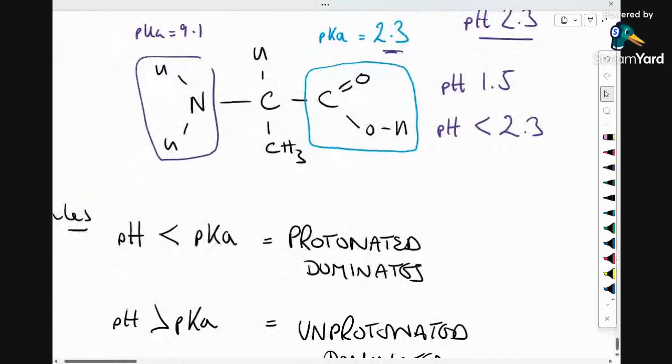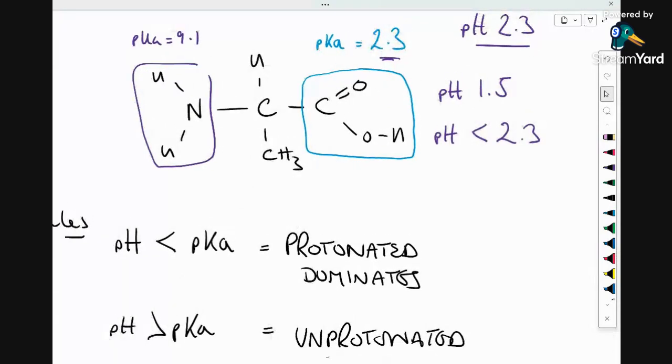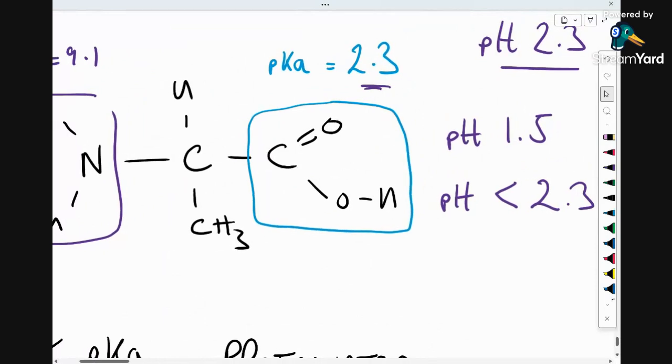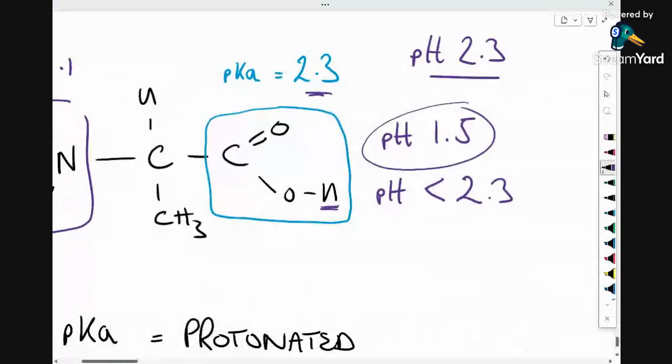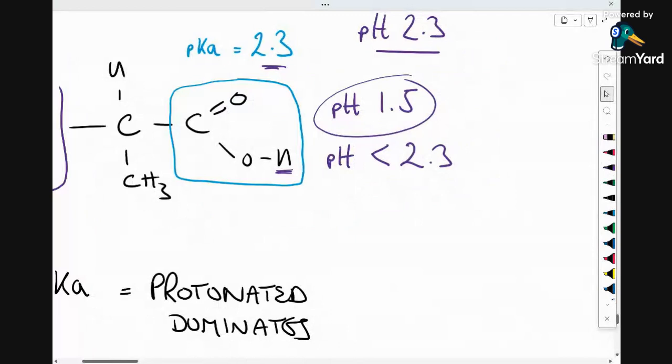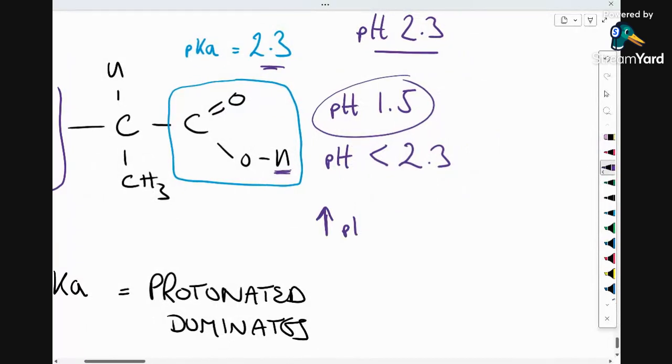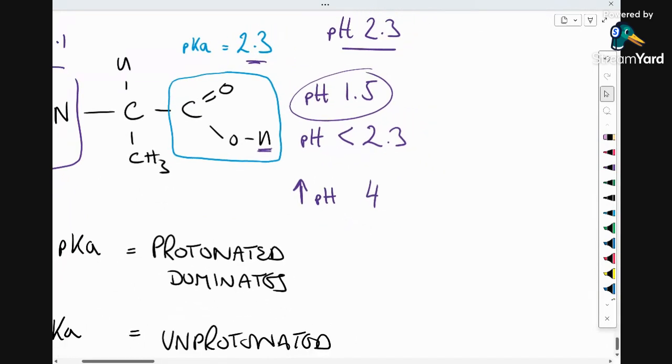So we're going to be protonated on this carboxylic acid group. If the pH is 1.5, if it's less than 2.3, we're going to be protonated. If we increase the pH of the solution to, let's say, pH 4, the pH is now greater than the pKa, so we're going to be in the deprotonated form.